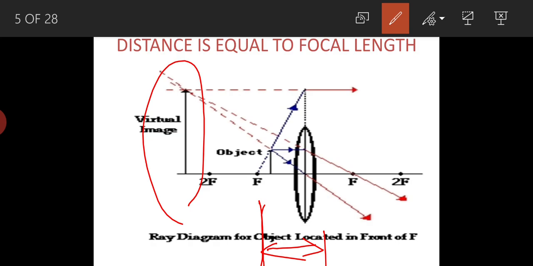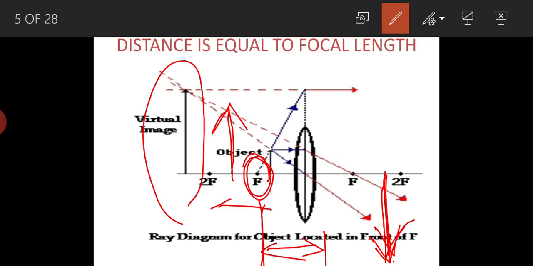When you place the object beyond the focal length, a real image will form. In order to form a virtual image, the limit is that the object should be placed up to the focal length only.